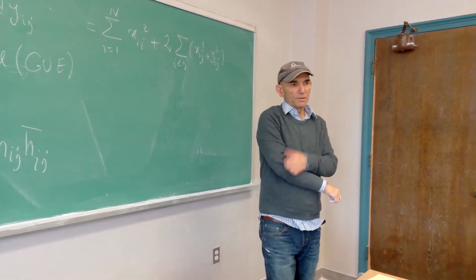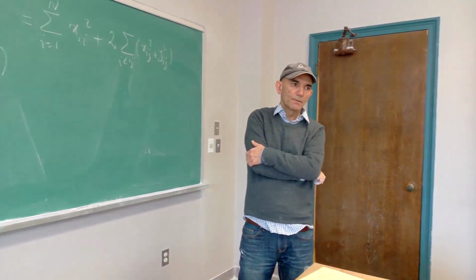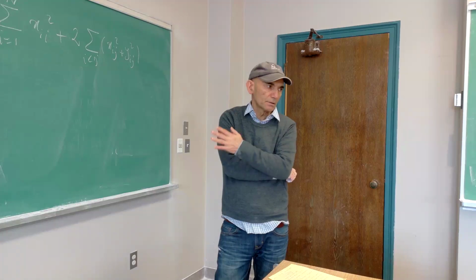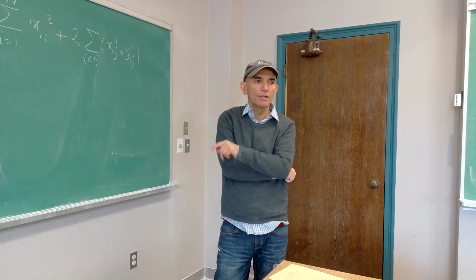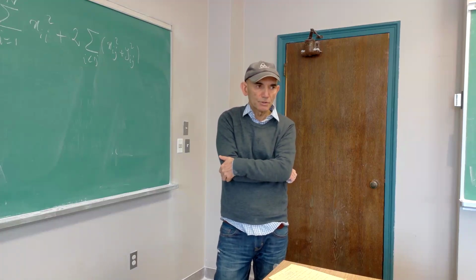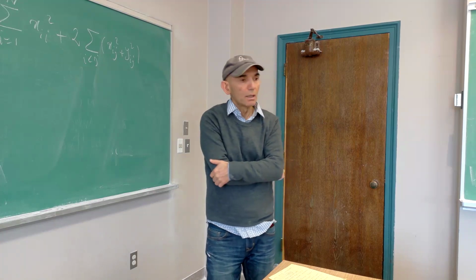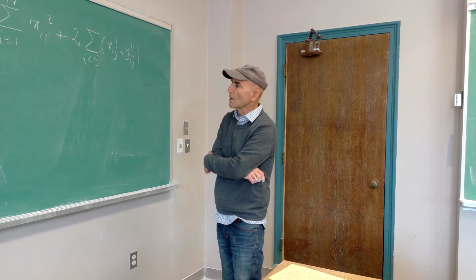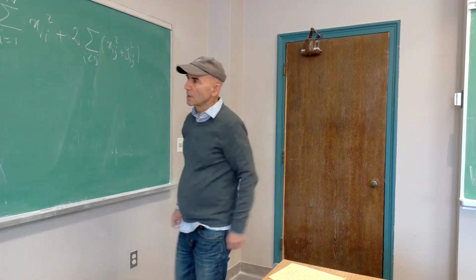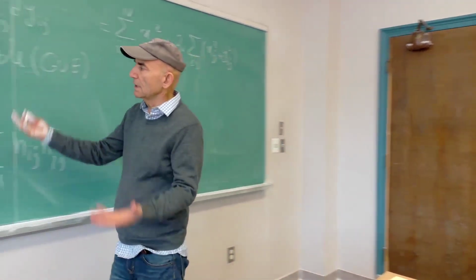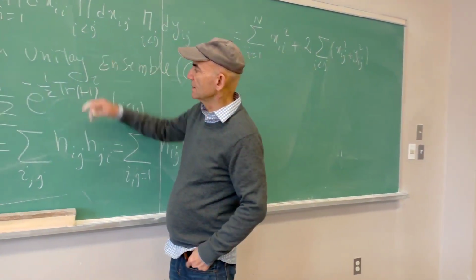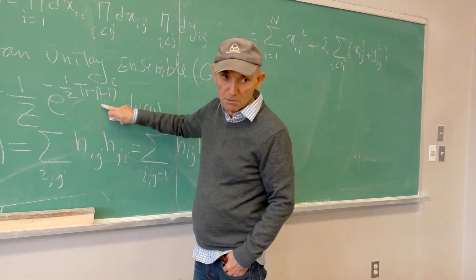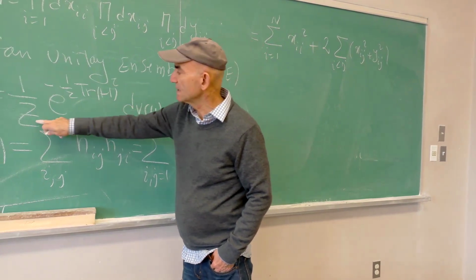I just wrote it in terms of independent variables. The independent variables are xij for i less than j, and yij, i less than j. These are parameters that parameterize this. Okay, so for us, in the random matrix or matrix integral world, this is like the analog of Gaussian, it's matrix Gaussian.